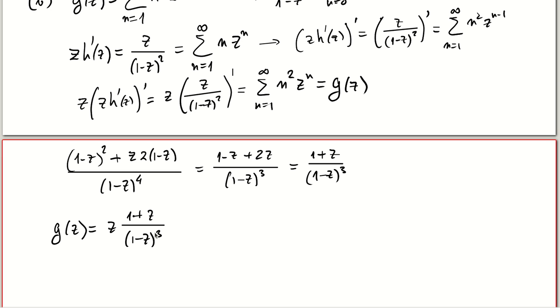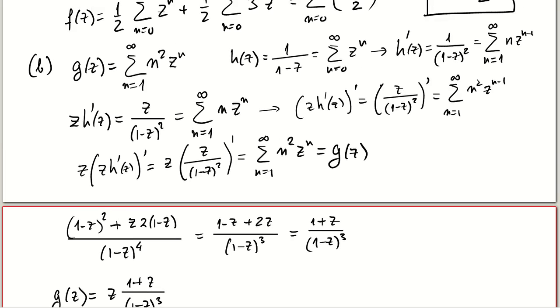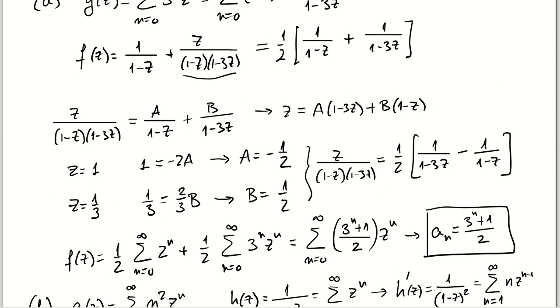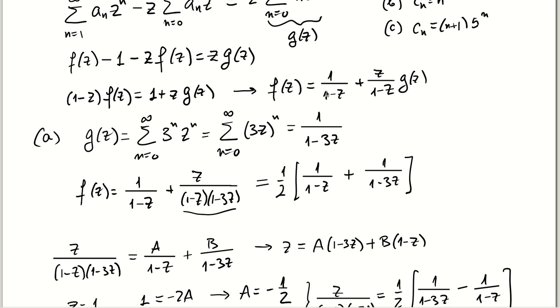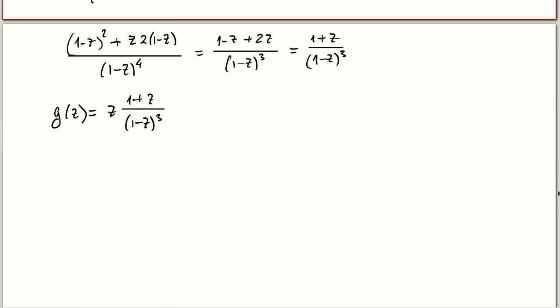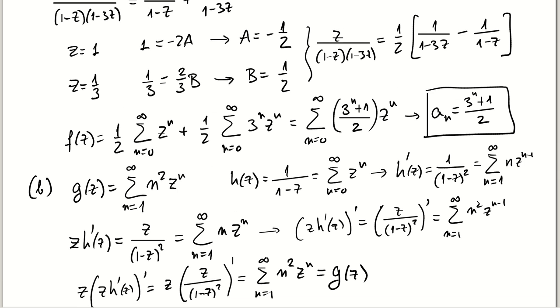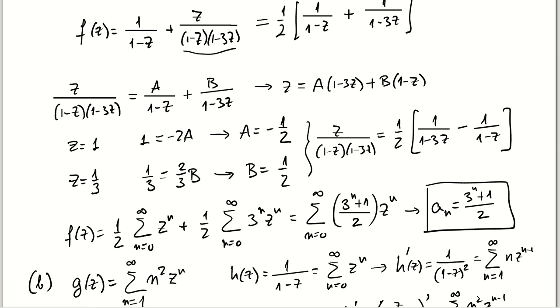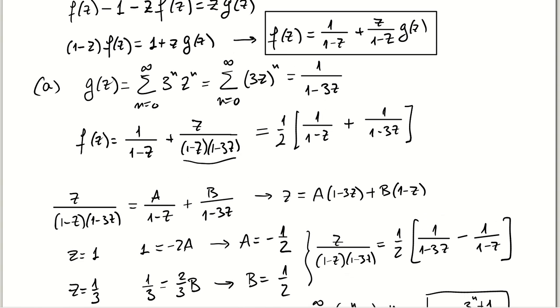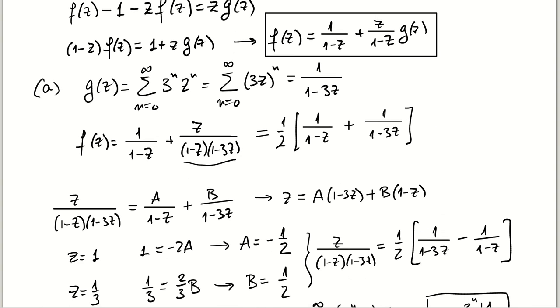All right? Okay, we have the function f, the function g. So we need to calculate the function f. The function f is related to g with this formula here. So we have to write 1 over 1 − z, and then we have to add z over 1 − z times g.